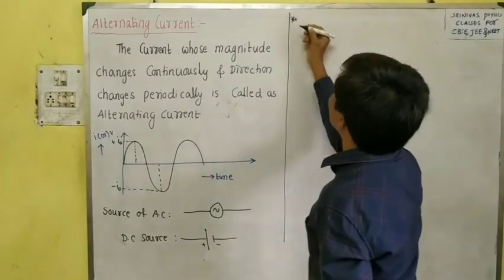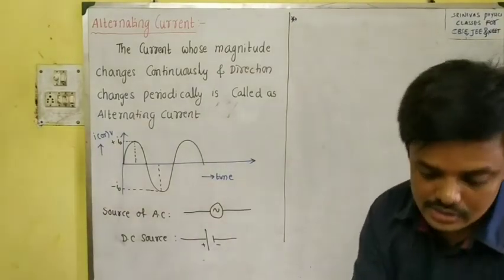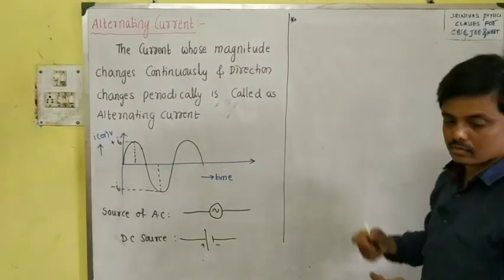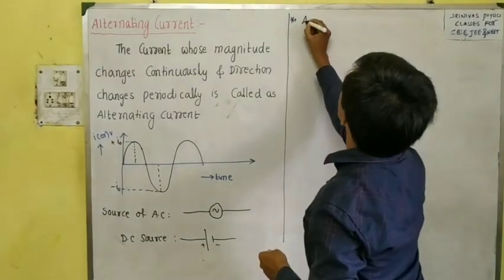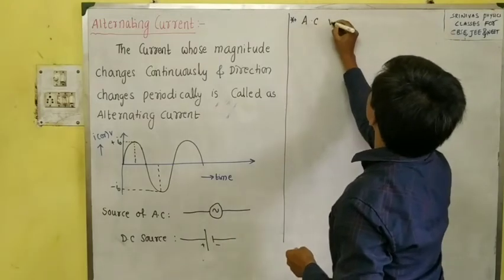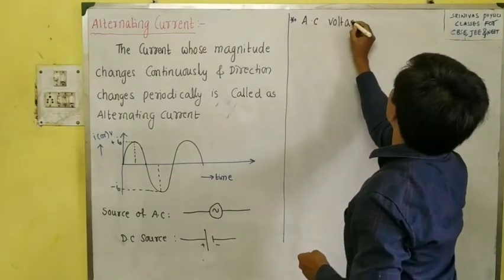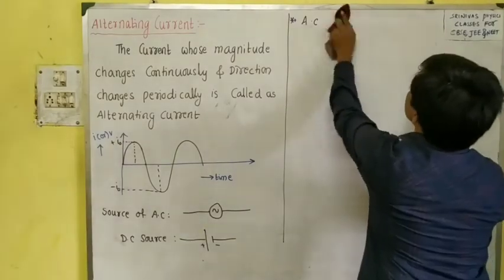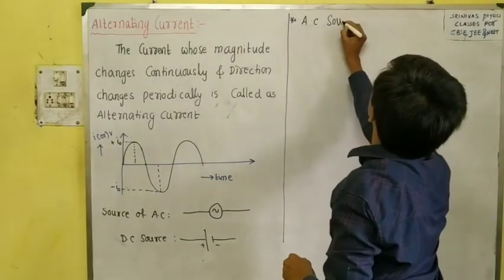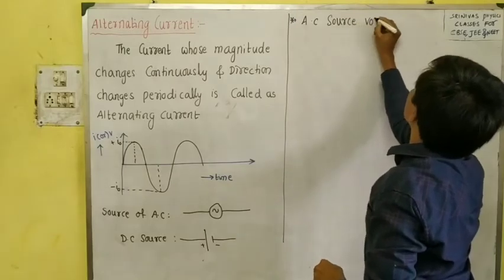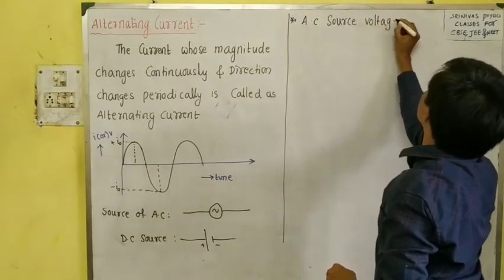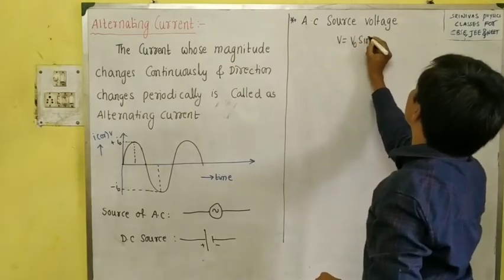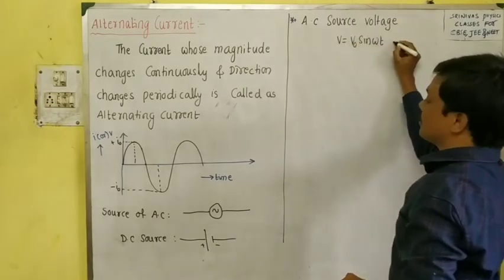The AC source voltage varies sinusoidally with time, that's why we write V is equal to V naught sin omega t. This is equation 1.